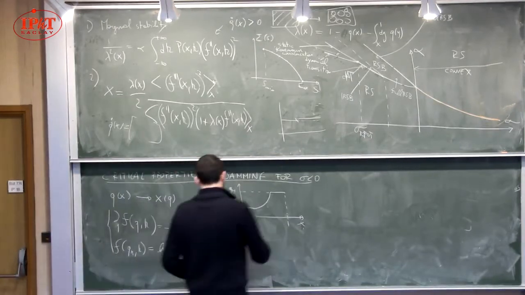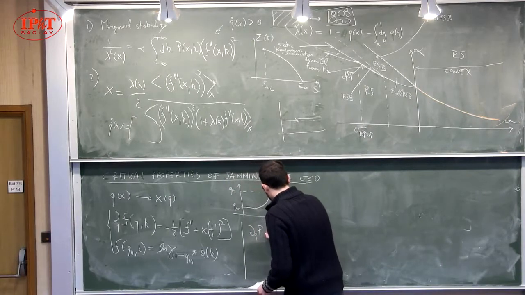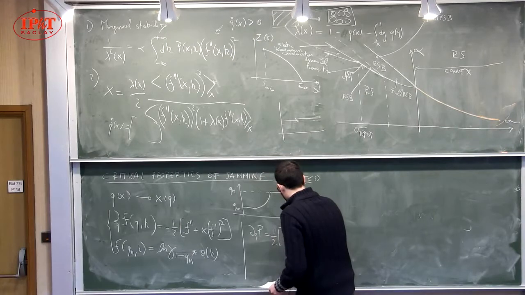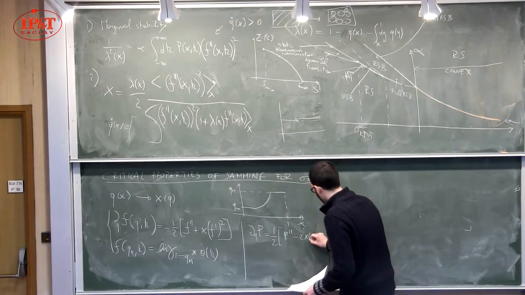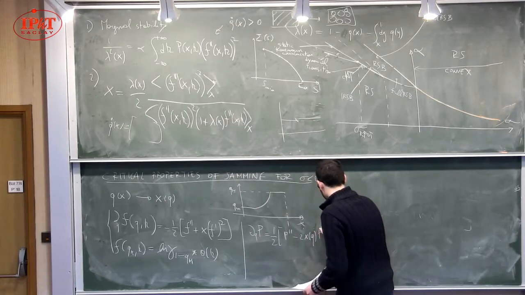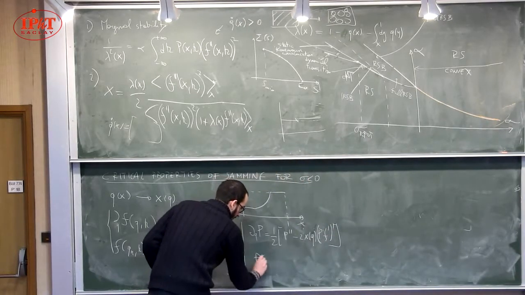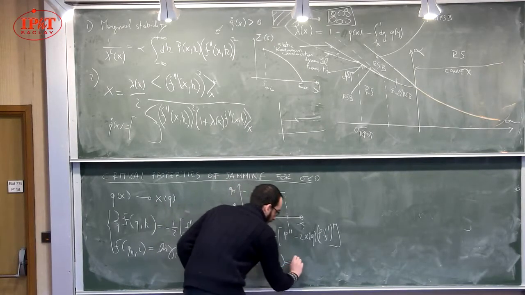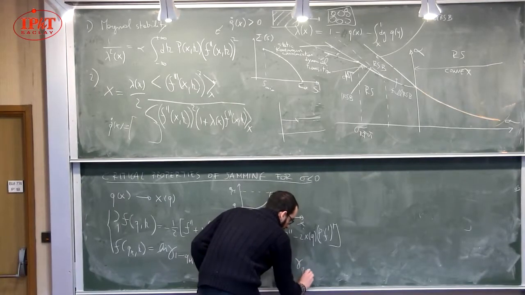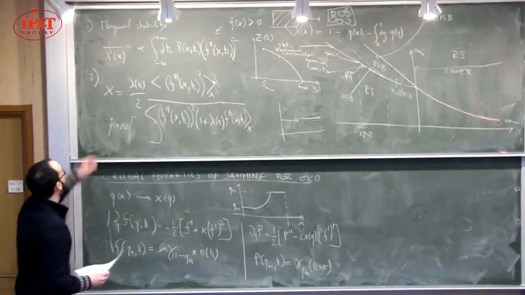Then there is the other equation for P. It's exactly the same. So this is x of Q. And of course you have the other two equations.